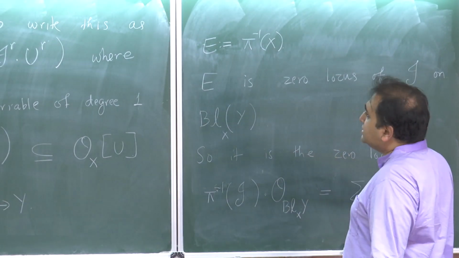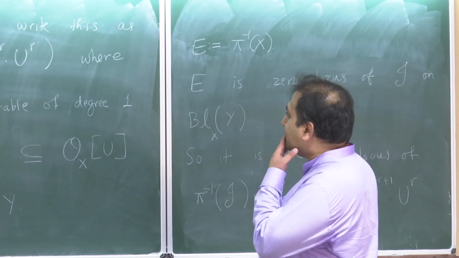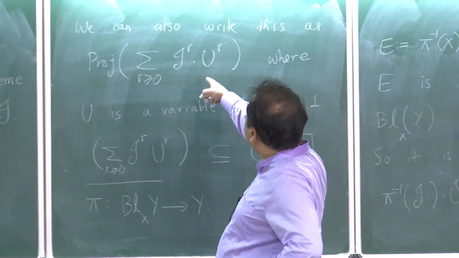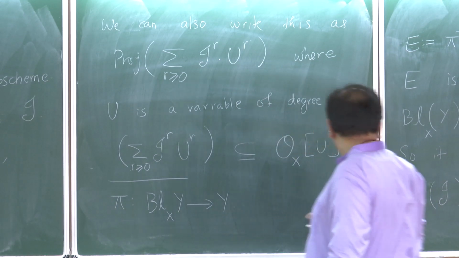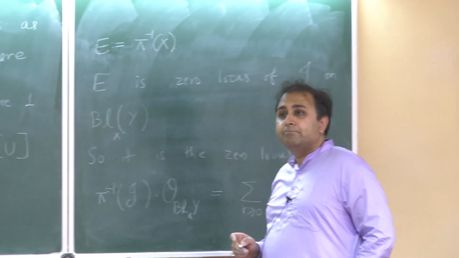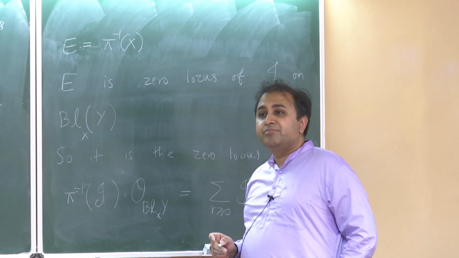This is an ideal in this graded algebra, and u lives upstairs. But this is a graded ideal, so you have to take the tilde to get a sheaf.